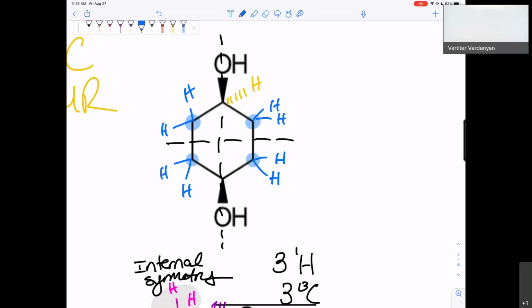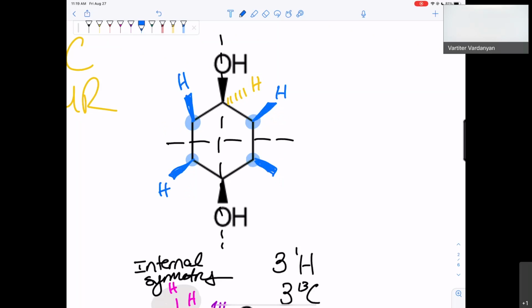So why would they be different? Why would they not be the same? What do you think? Perfect. Okay, so let's erase that. I'm sorry if anyone already wrote that down. Okay, so let's do the wedged ones. If it's wedged, what is it seeing in its environment? Exactly.